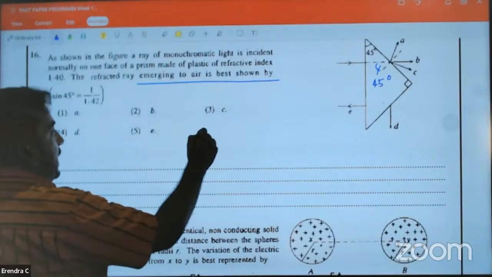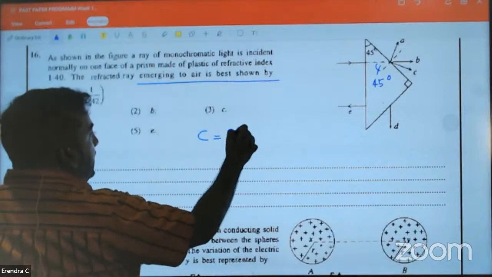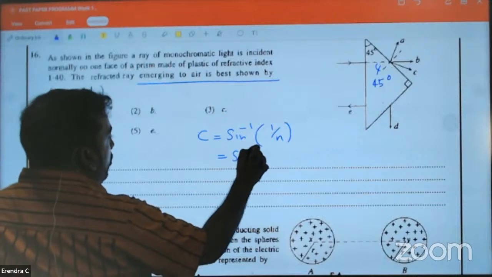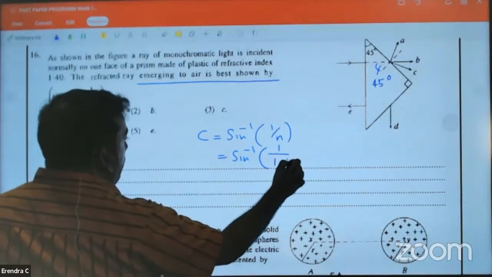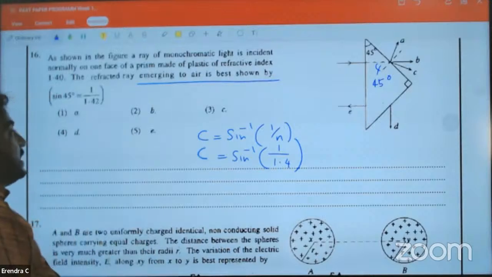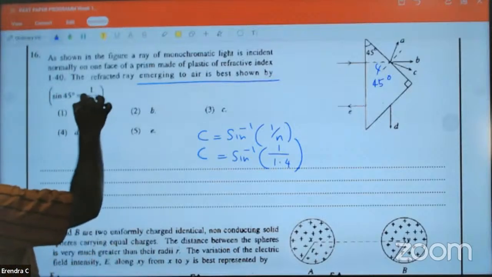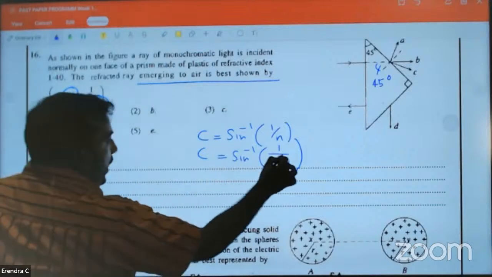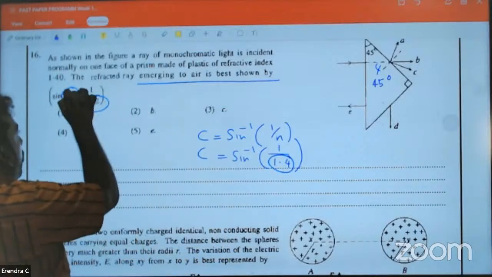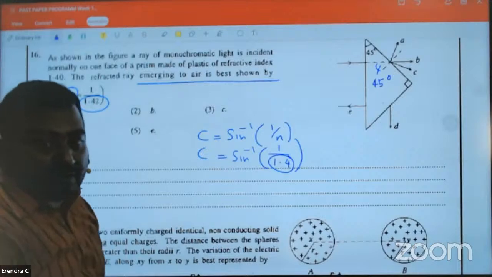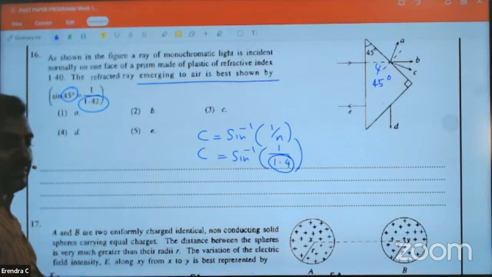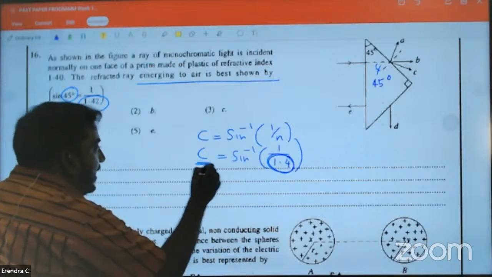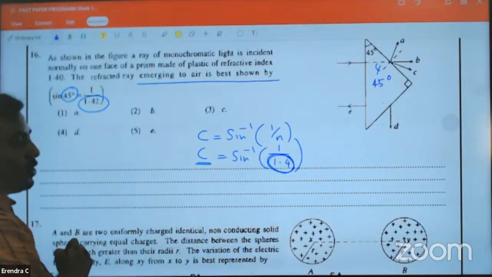So what is your critical angle? Critical angle is sine inverse 1 over n, 1 over refractive index. Look at the board and tell me. 1 over 1.4. Which angle is bigger? This is 45, this is 1.4. Is this more than 45 or less than 45?